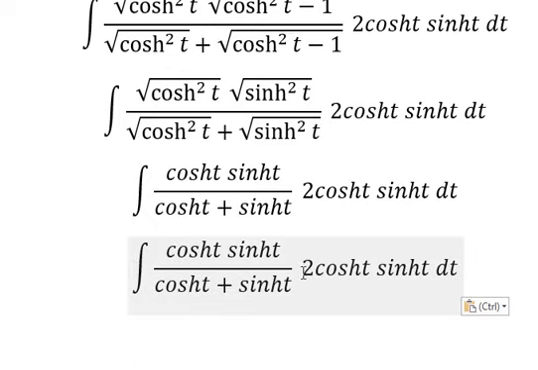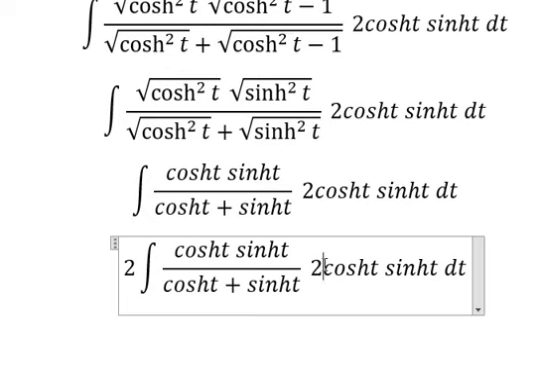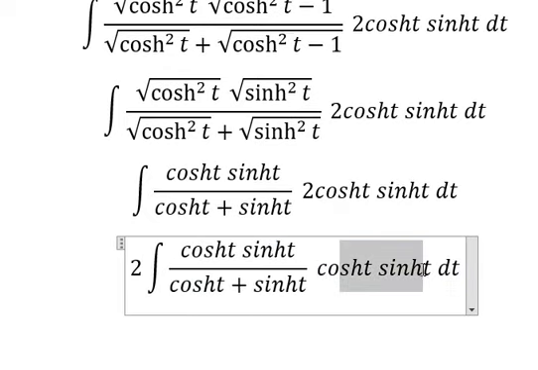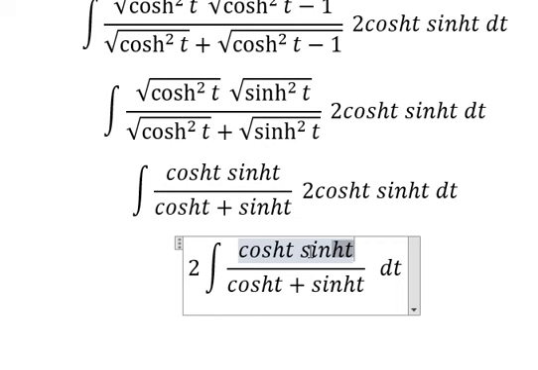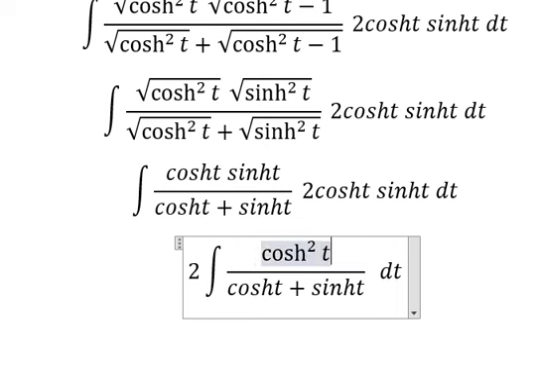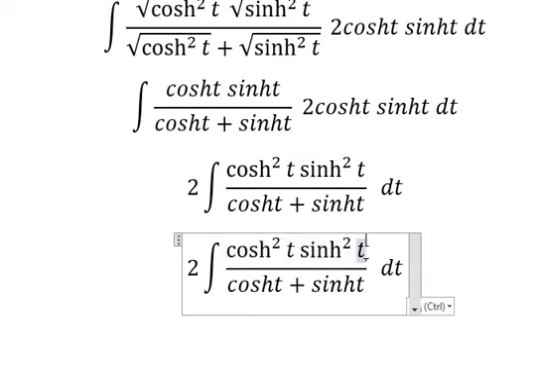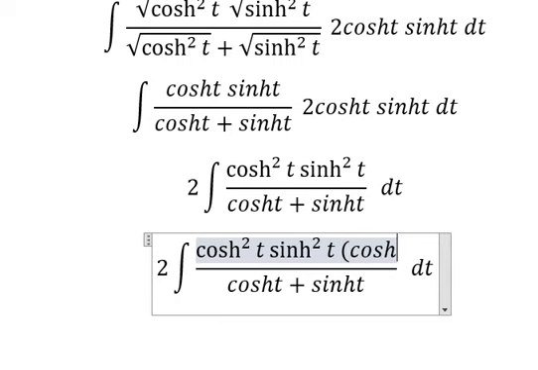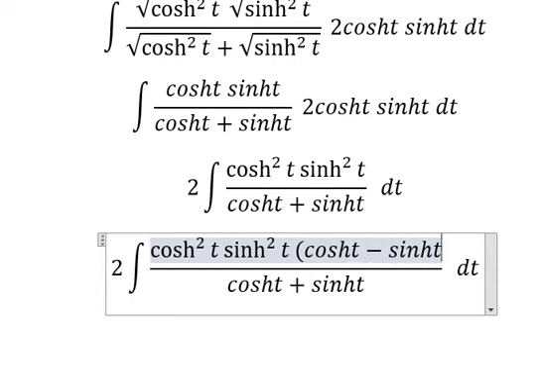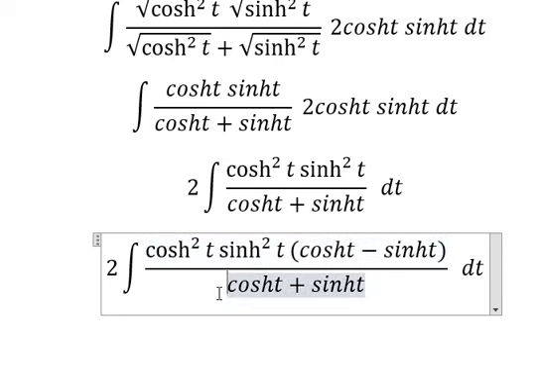So number 2 I will put in here. So this one multiplied by this one. Next, I need to multiply by cos t minus sin t on the numerator and the denominator.